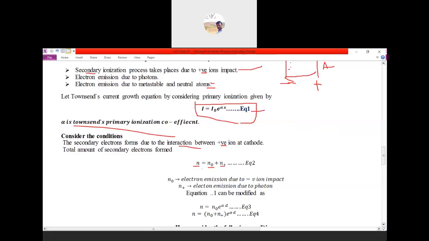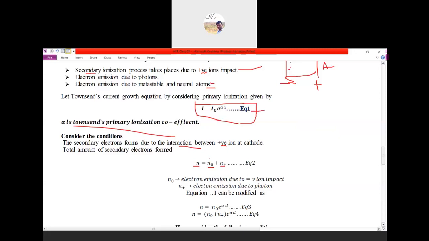We are not considering this one here, but in secondary ionization that can take place. Mainly, for the current growth equation, we consider two: the positive ion impact at the cathode side and the photons.